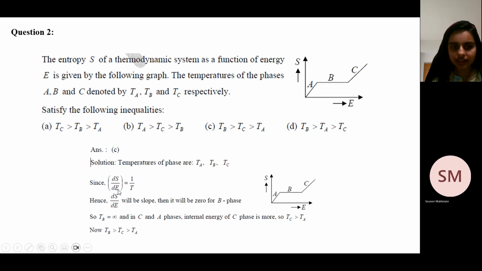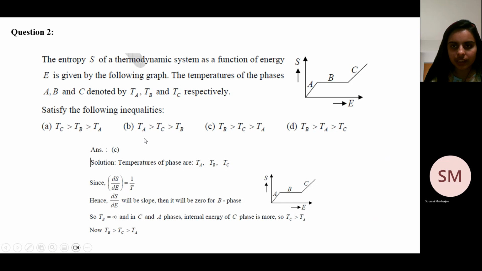And you can see that the slope of dE versus dS gives you temperature, so the inverse of that gives you 1 by temperature. So this is a very fundamental and very important relation that comes out of the first law using the definition of entropy, right?